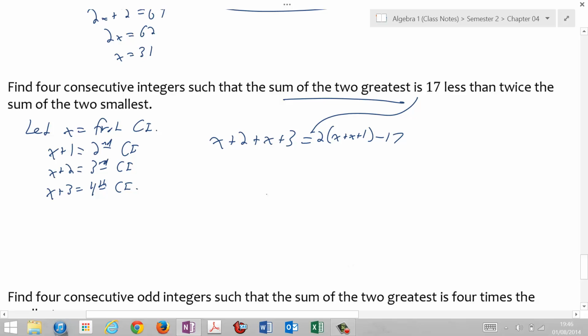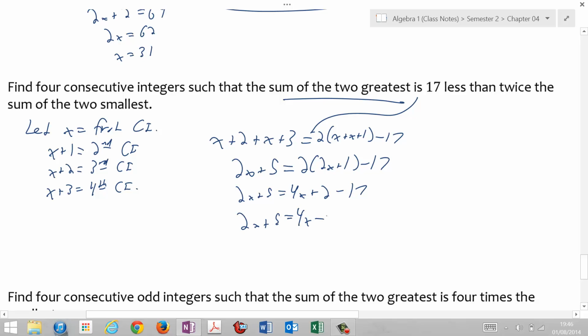There's my equation, no exponents here, but let's simplify the left and simplify the right. 2x plus 5 equals 2 times 2x plus 1 minus 17, and that would be 4x plus 2 minus 17. 2x plus 5 equals 4x minus 15.